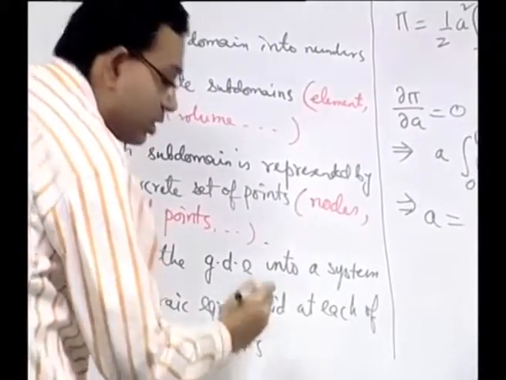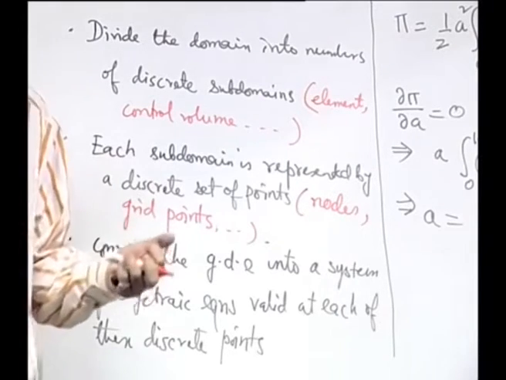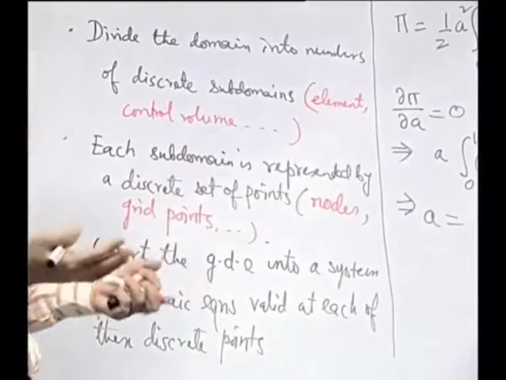That is the task of the method itself. So, we can see that you can have different methods in principle. You can have, for example, finite difference method, finite element method, finite volume method, that we will see in our subsequent lectures.